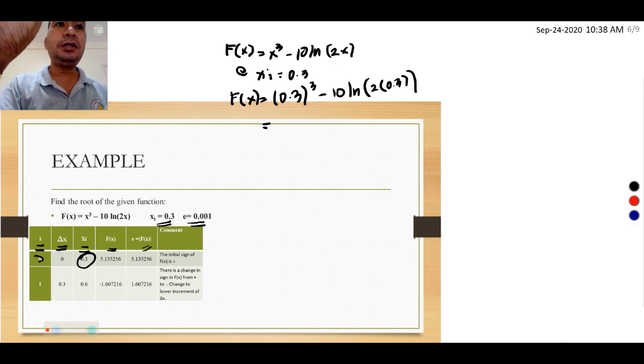Solving in our calculator, that will give us 5.135256.